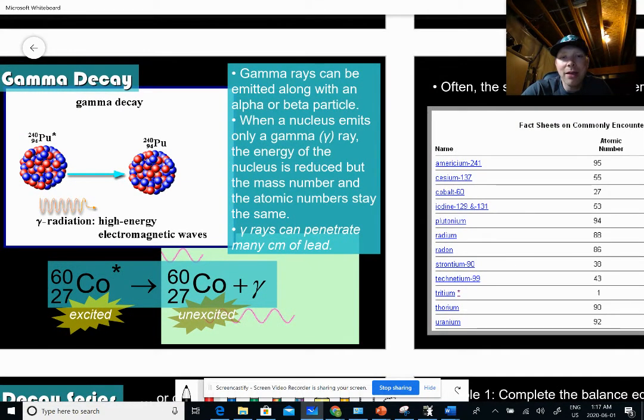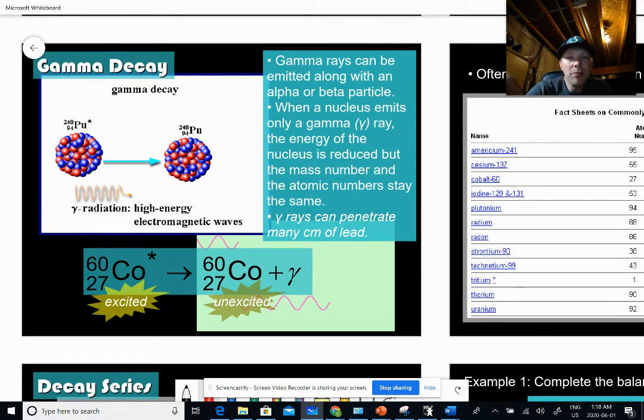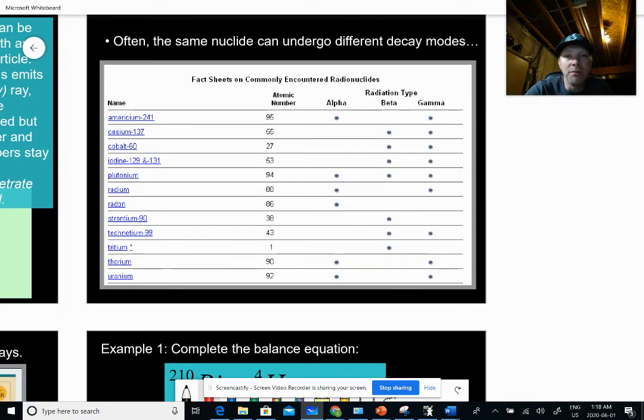All right. The only other thing, I guess, with gamma radiation is that gamma radiation typically occurs at the same time as an alpha or a beta particle, right? So if we go to this next slide here, it's giving you some commonly encountered radionuclides. And you can see here, wherever we have gamma radiation, we usually have either an alpha or a beta, right?